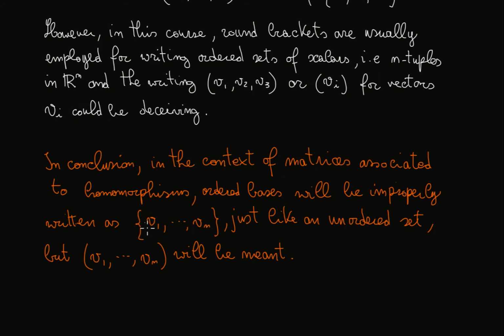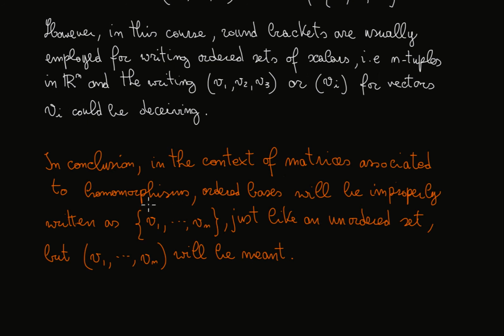So open curly bracket and then write v1 and so on up to vn and close curly bracket. And this is usually the notation of just a set. But in the context of matrices associated to homomorphisms, this notation will denote an ordered set.